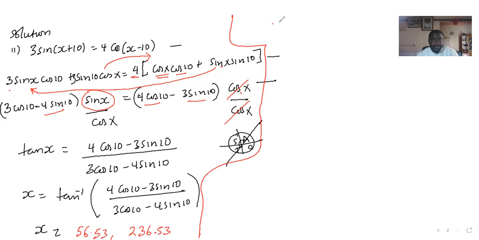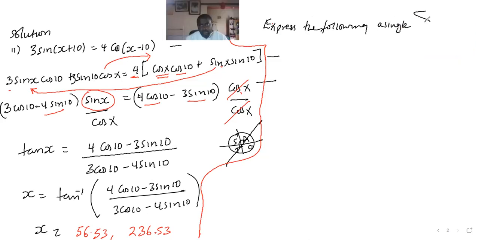The next numbers I want to discuss of this kind. They say express the following as a single trigonometrical function.